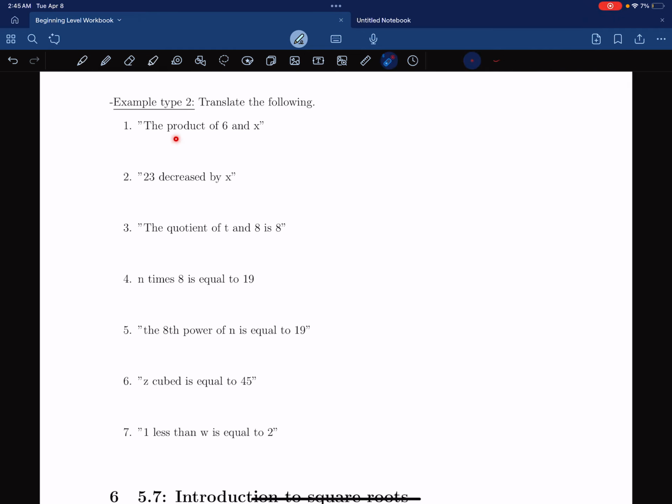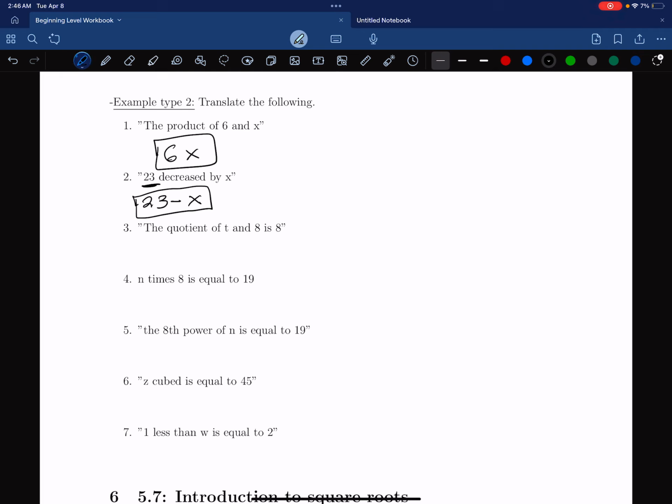That's our answer. And we have 23 decreased by x. So in this case, this is a little confusing at first. But essentially, we are starting out with an initial value, or starting value of 23, and then decreased by x. That means we're going to be subtracting by x. And that is our answer.